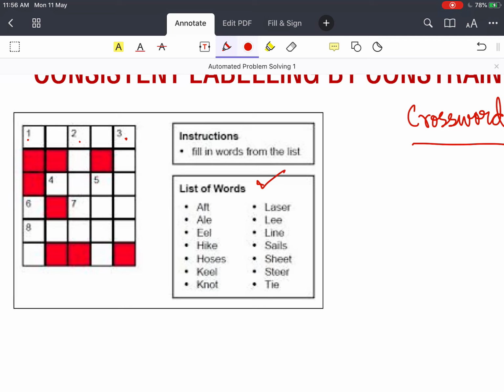And the list of words is given here. So how do I fill up a word? For example, if I fill up 1, I cannot fill it with anything but a 5-letter word. Let us say I filled up 1 with laser, suppose.